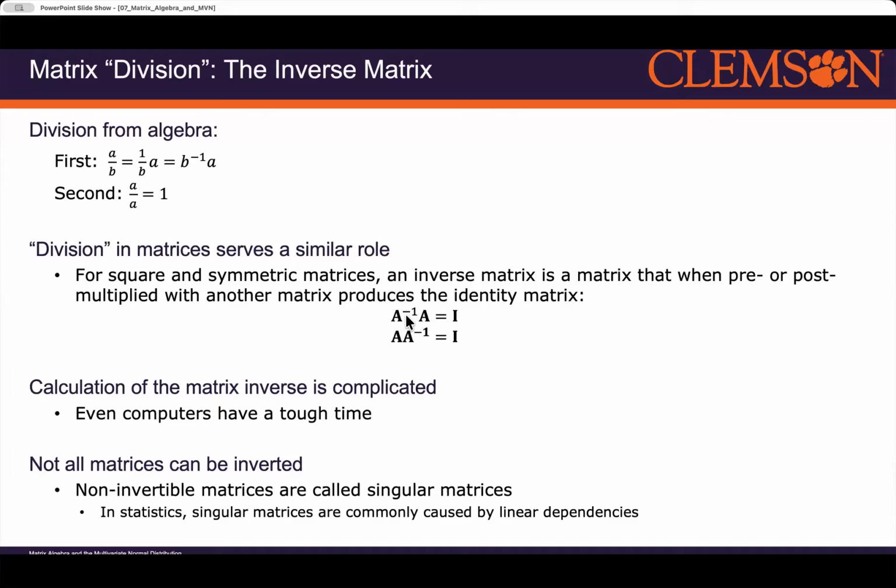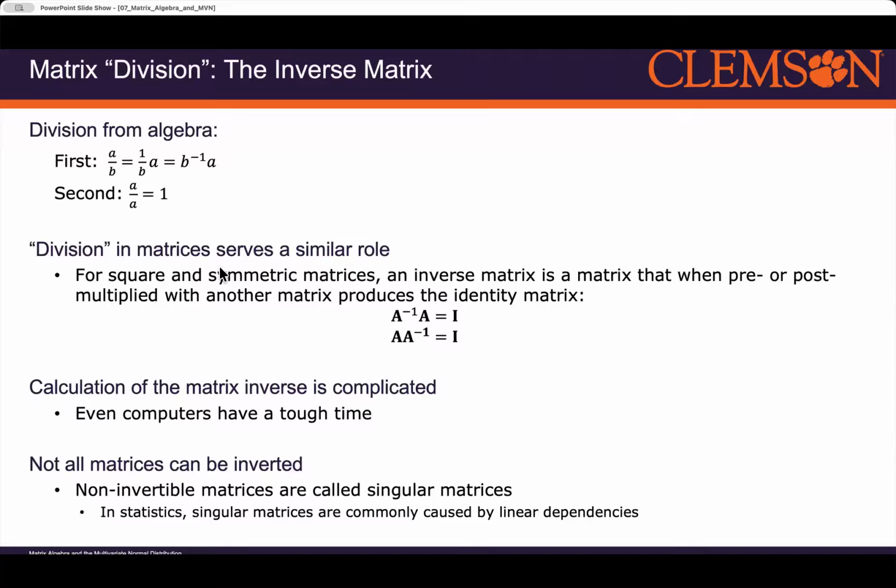So A inverse times A should give us the identity matrix. In scalars, A inverse times A would be A divided by A, which gives 1. Similarly, A times A inverse also gives us the identity matrix.